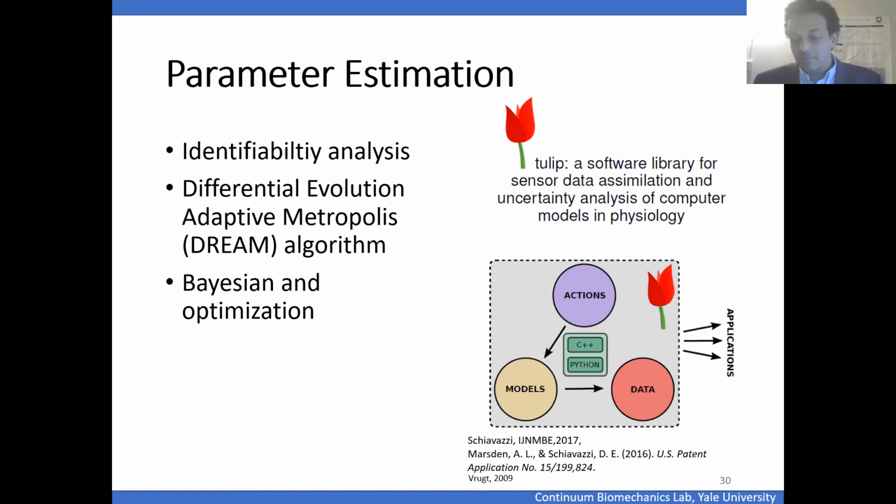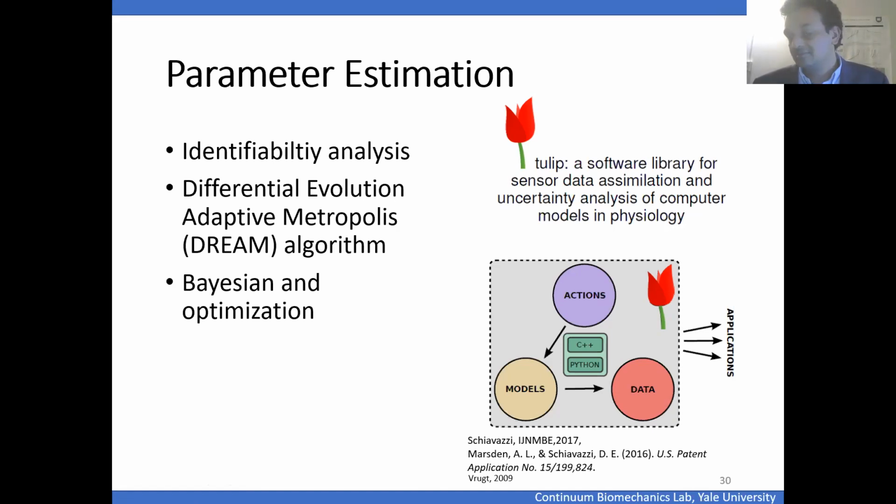Now, if you're doing a Bayesian estimation, it can lead to problems because you can have parameters that are not sensitive to measurements. So you end up with weird or a wide set of distributions that still give you the same output. So we have to identify parameters that are not sensitive to outputs, which is where we use identifiability analysis. Then we used, of course, Markov chain Monte Carlo methods.